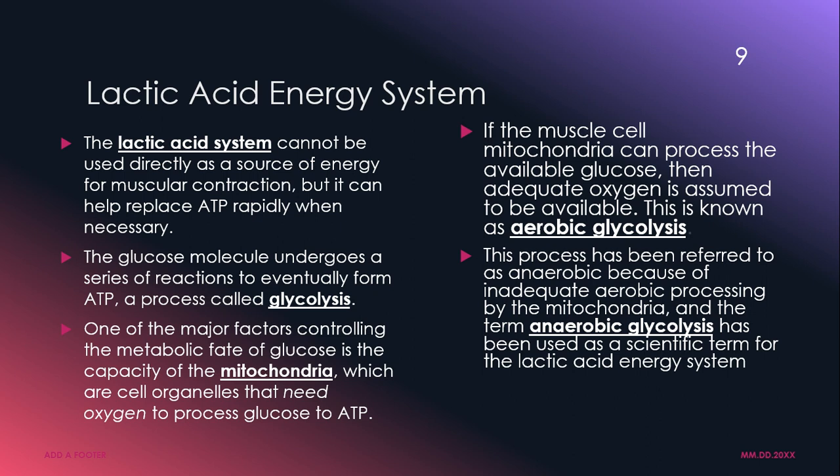One of the major factors controlling the metabolic fate of glucose is the capacity of the mitochondria, which are cell organelles that need oxygen to process glucose to ATP. If the muscle cell mitochondria can process the available glucose, then adequate oxygen is assumed to be available, and this is known as aerobic glycolysis.